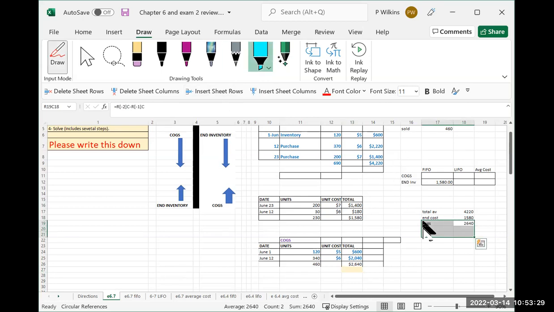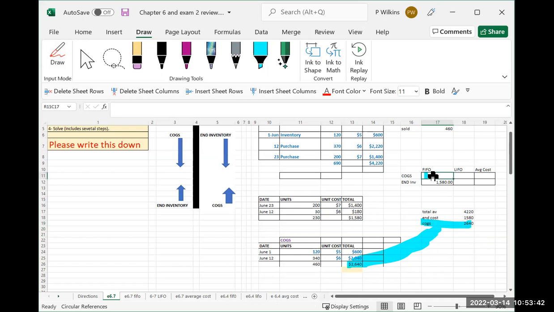That was our cost of goods sold, we figured. And we just proved that 2,640 is correct. So we would come up here to the top in the box, and for the cost of goods sold, under FIFO, we would put 2,640, and that's the cost of goods sold under FIFO.